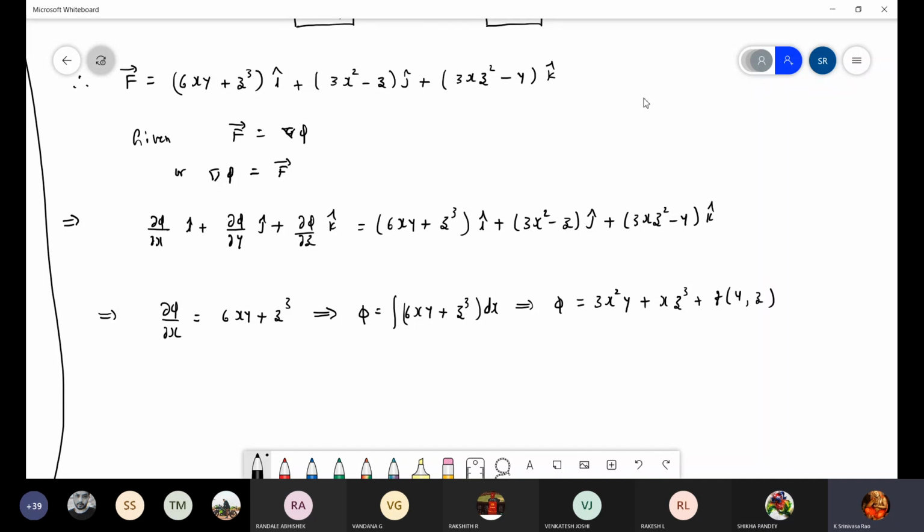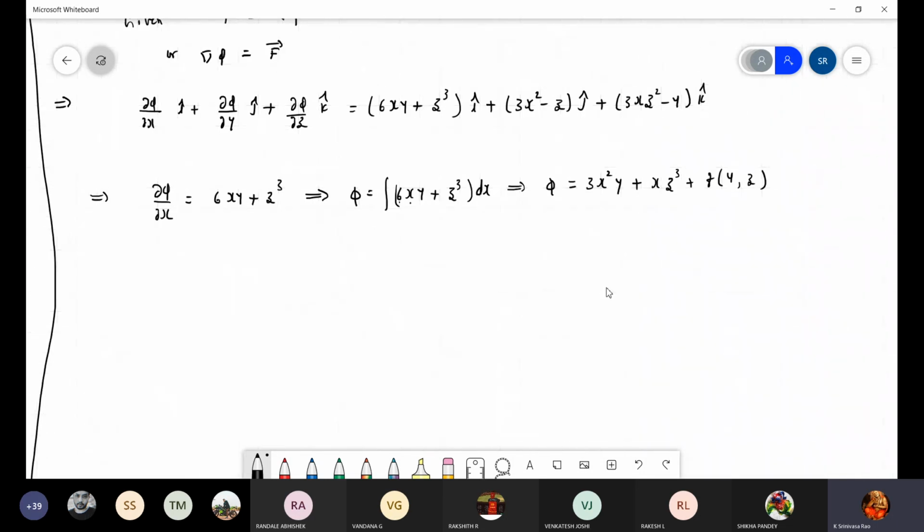See here the first term, integration of x is x square by 2. 2 and 6 cancel, you will get 3. If it is difficult, you work out somewhere and write the final answer. Don't do much complex simplification here, because it will be complicated for you to choose or solve the next steps.